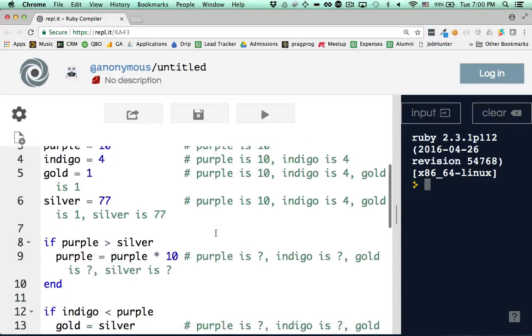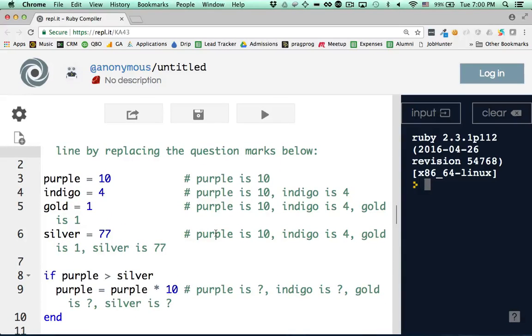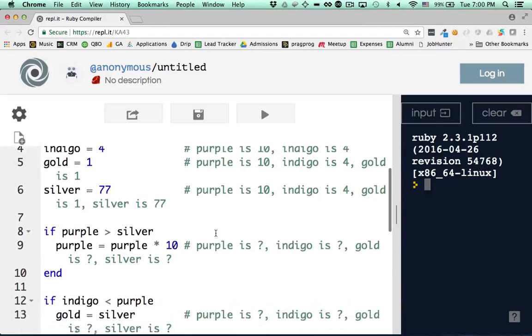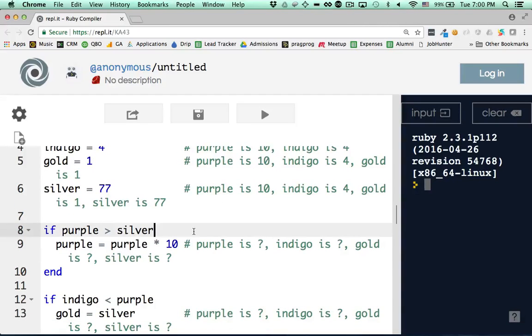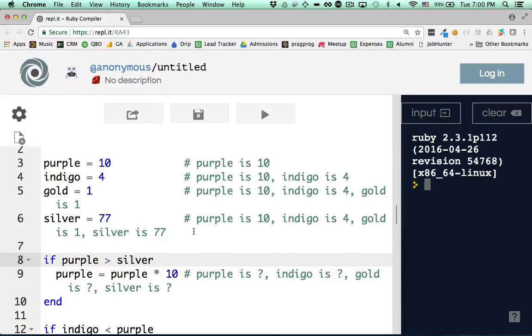So, okay, we have our 4 colors: purple, indigo, gold, and silver. Okay, line 8. If purple is greater than silver, is purple greater than silver? No, it is not. So basically everything remains the same as of line 9, correct? Okay.